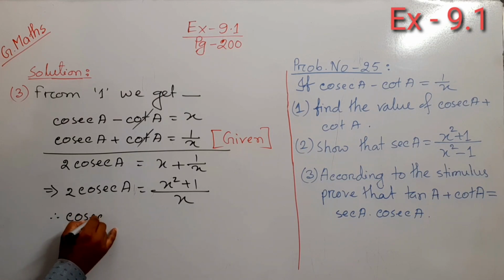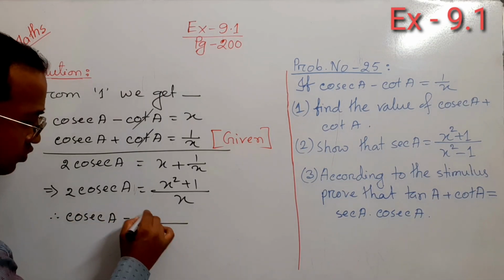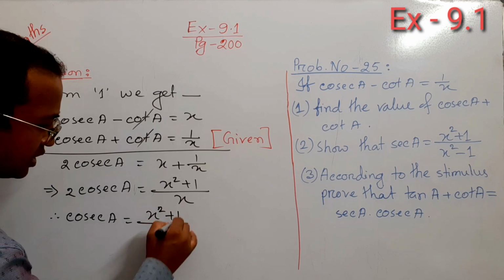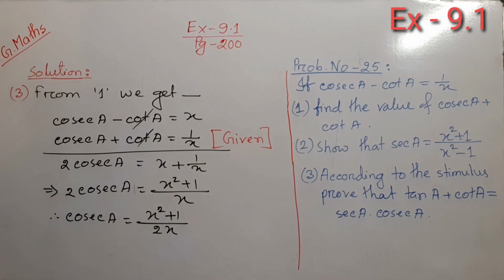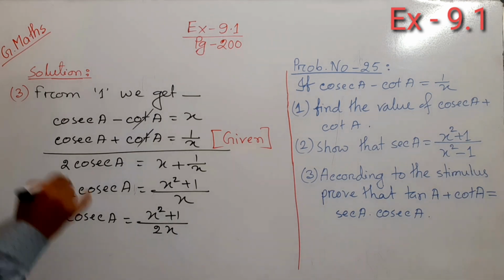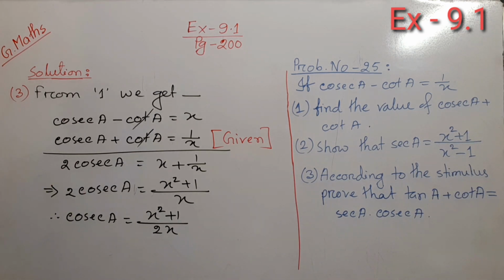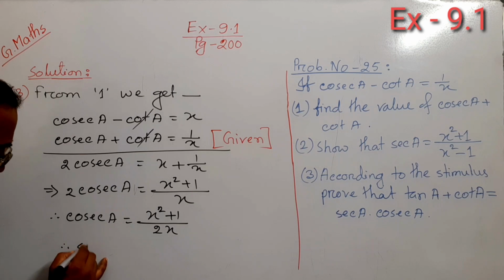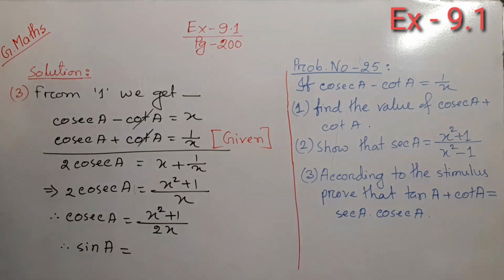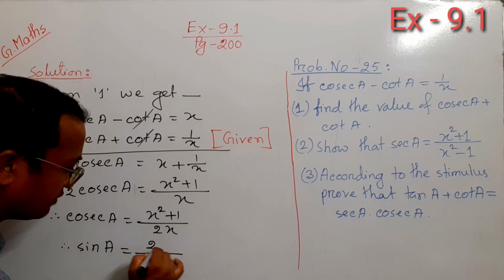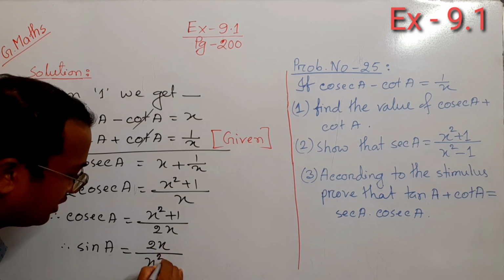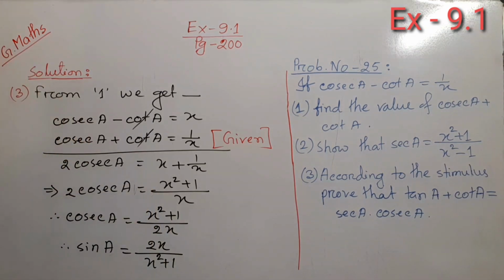Therefore cosec a equal to x square plus 1 by 2x. So this is the value of cosec a. Now sin a will be the reciprocal of cosec a, since sin a equals 1 by cosec a, so it is 2x by x square plus 1.